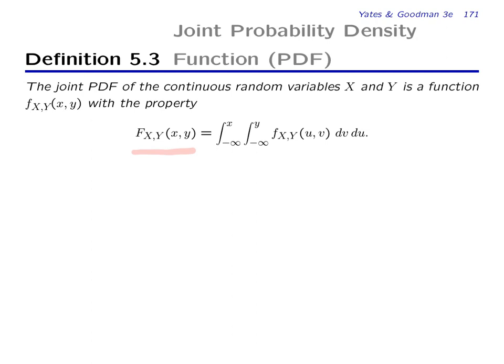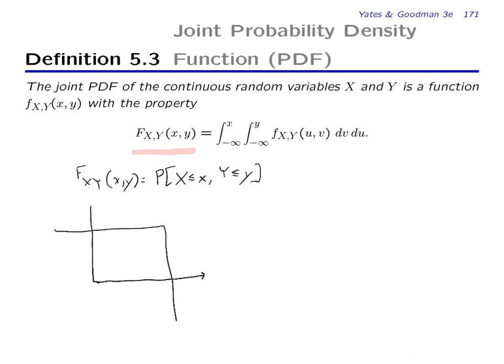And if you remember, the joint CDF is equal to the probability x is less than or equal to little x and y is less than or equal to little y. And it corresponded to saying that if you marked a corner point x and y, it was the probability x and y is in the box.